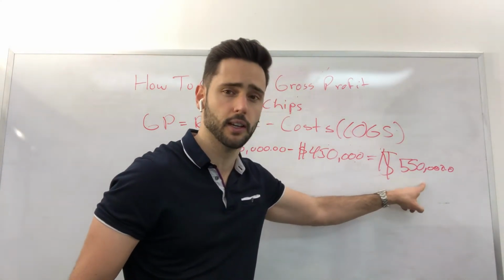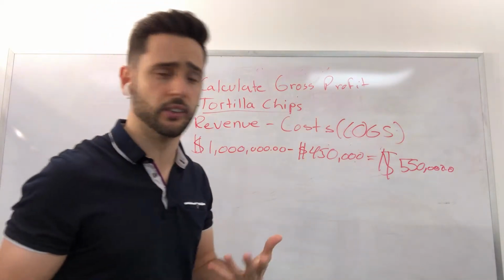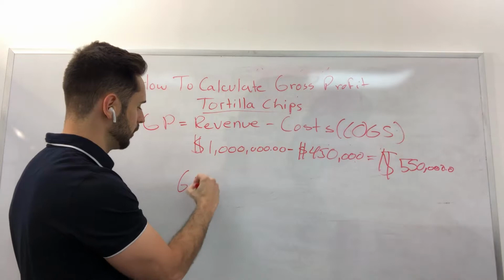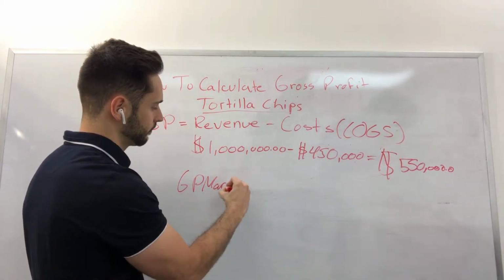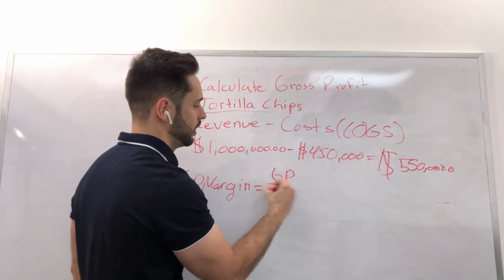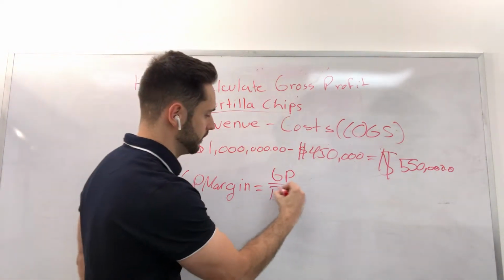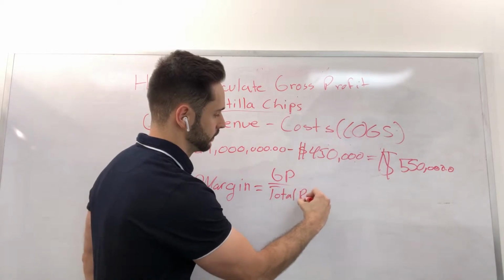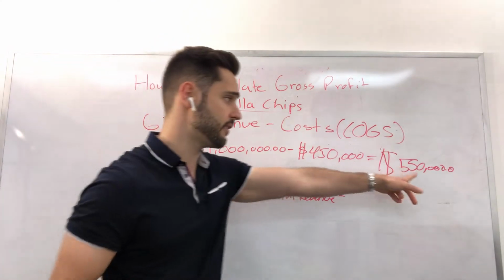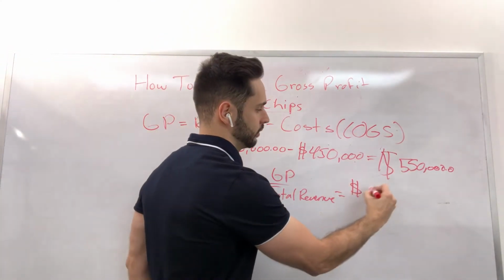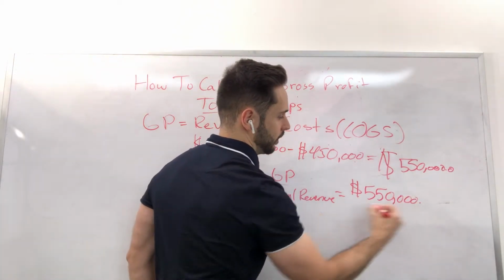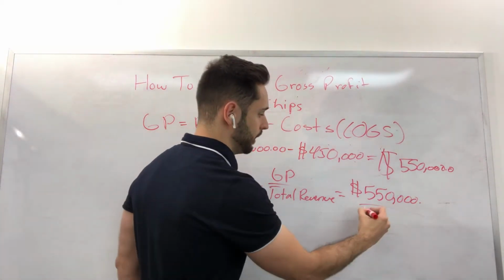That's my gross profit. Now, to calculate gross profit margin, it's super simple. Gross profit margin equals your gross profit over your total revenue, which equals, what do we have for gross profit? $550,000 divided by $1 million.